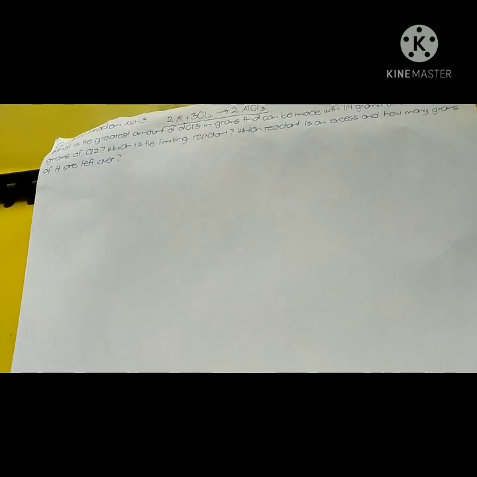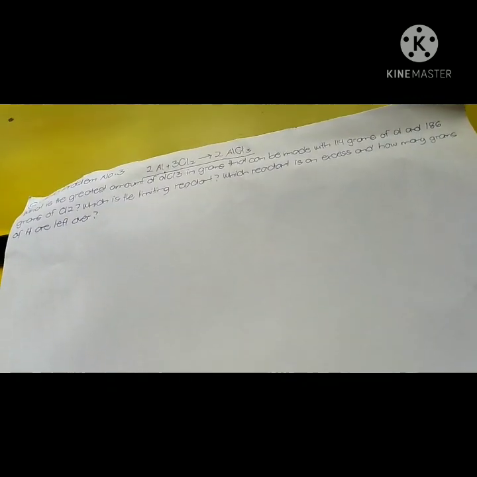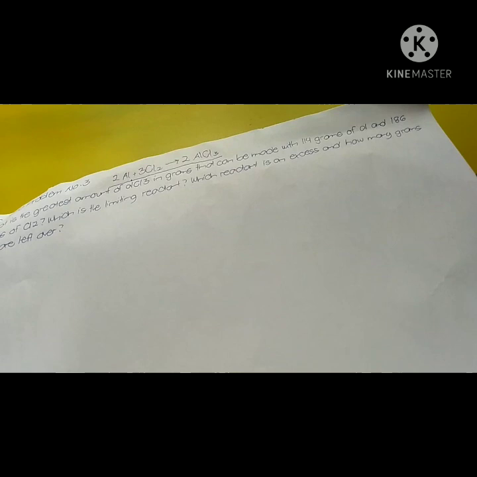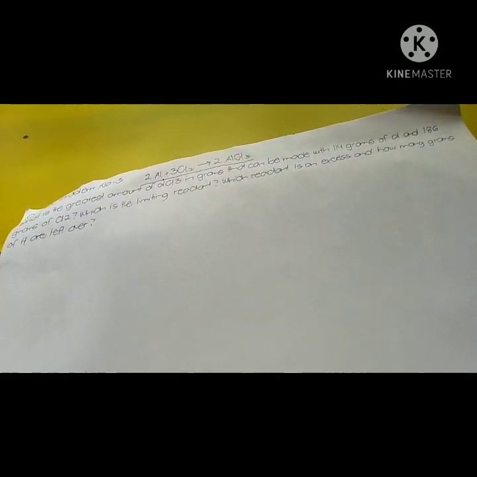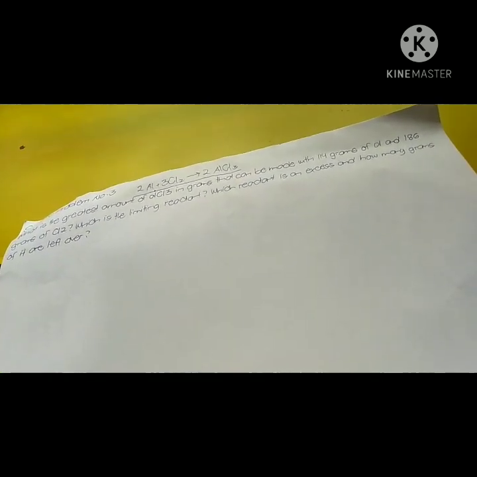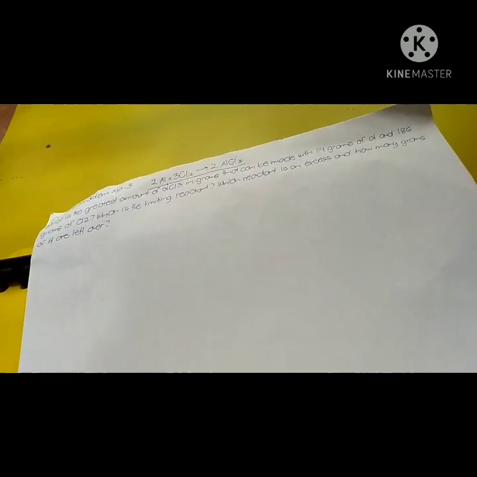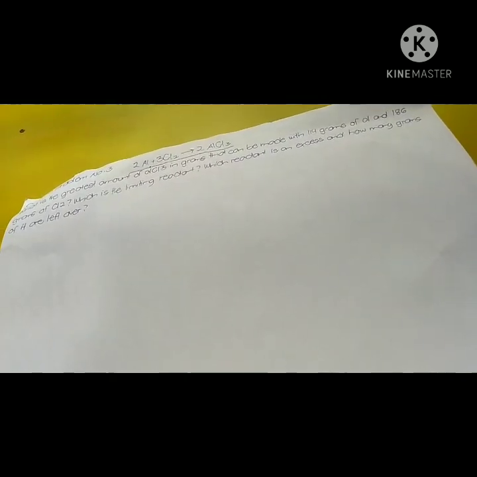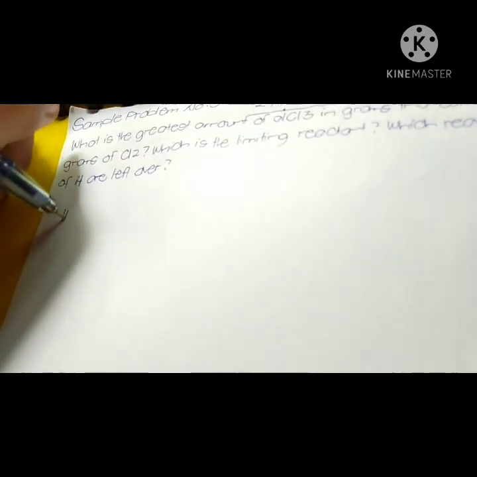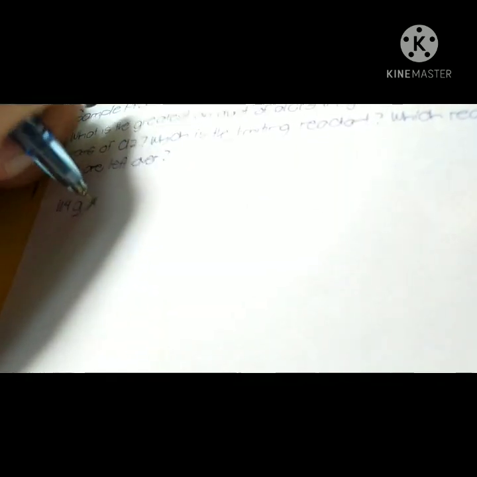Right now, the problem is giving us information in grams, so we've got to convert from grams to moles. Let's start with the aluminum. We had 114 grams of Al.